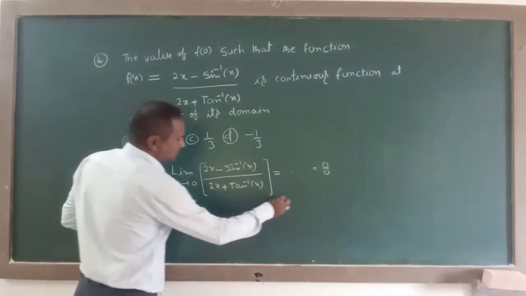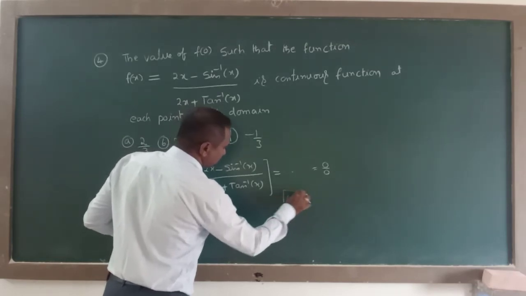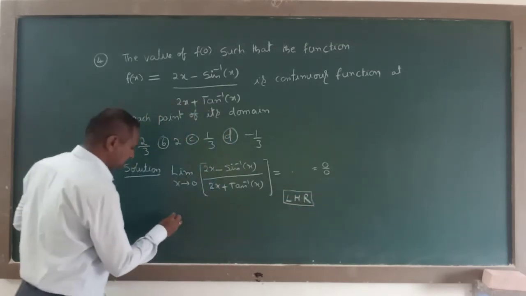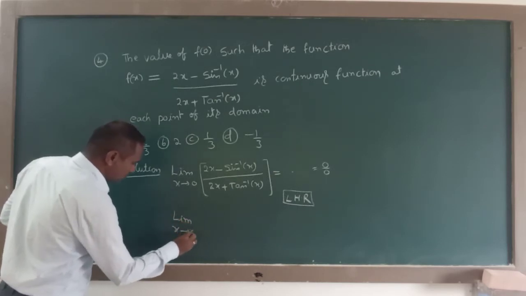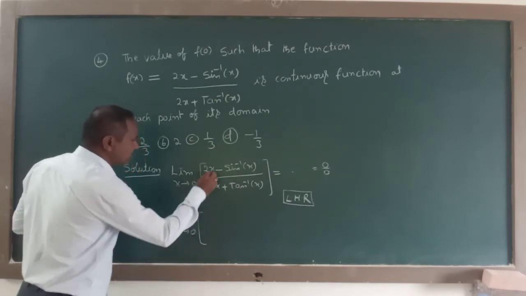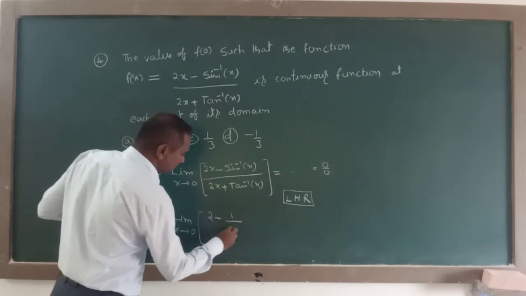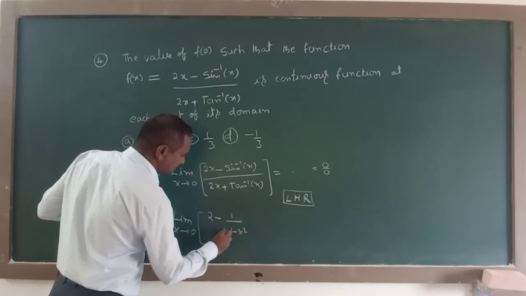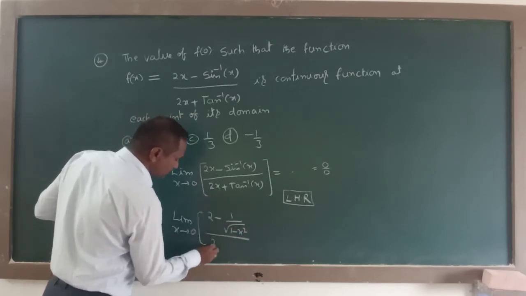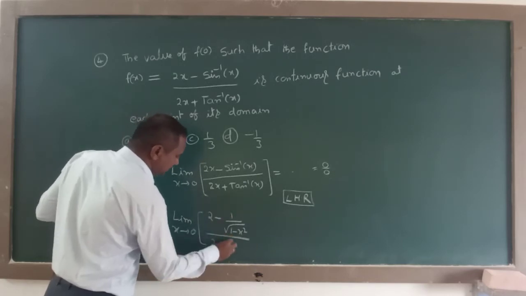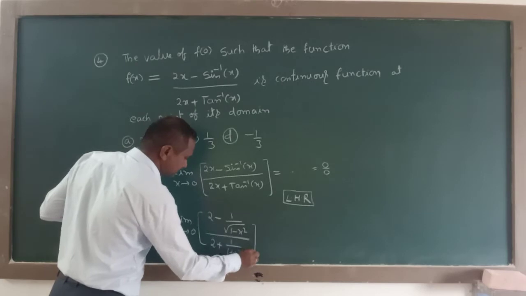By applying L'Hospital rule, the limit as x tends to 0: d by dx of 2x is 2, minus d by dx of sin inverse x is 1 by square root of 1 minus x square, whole divided by d by dx of 2x is 2, plus d by dx of tan inverse x is 1 by 1 plus x square.